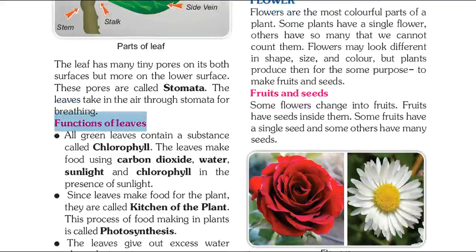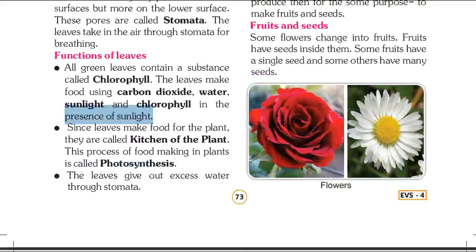Functions of leaves. All green leaves contain a substance called chlorophyll. The leaves make food using carbon dioxide, water, and chlorophyll in the presence of sunlight. Since leaves make food for the plant, they are called the kitchen of the plant.